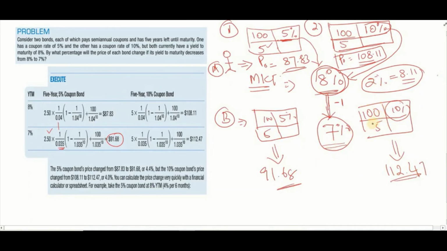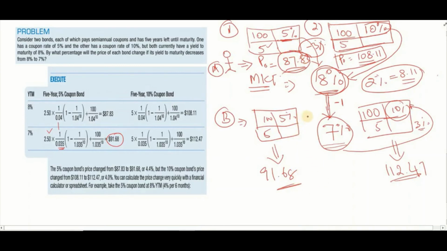If you see previously, how much were you getting extra on this bond? 2%, right? But in this case, now you can get 3% extra in this bond than this bond. Previously you were getting 3% less in this bond compared to the market, so that's why you were asking the company to sell this bond at 87.83, right?